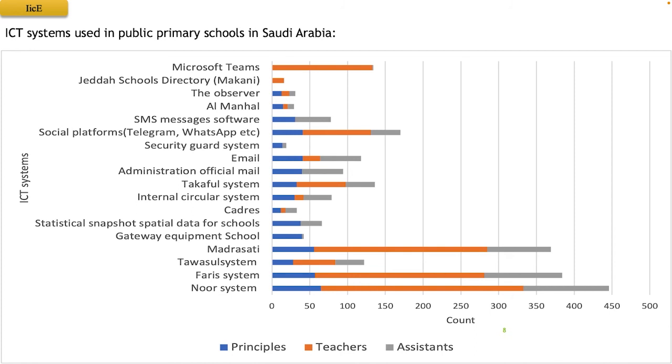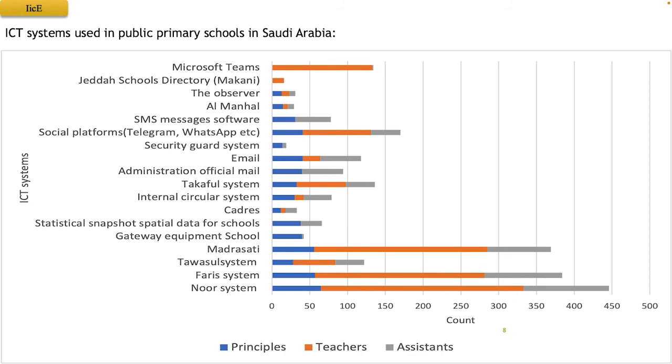Some of these ICT systems are not used by all users. For example, Microsoft Teams is only used by teachers, as you can see in the chart, while the other members do not use it. Also, social media are used by most users in Saudi public primary schools.